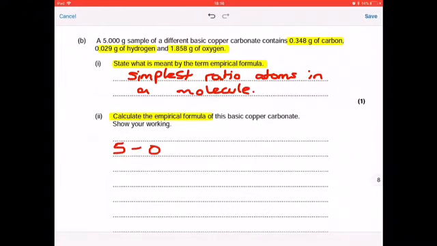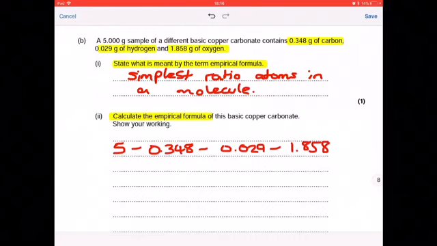You know that 0.348 of those 5 grams is carbon, 0.029 of those 5 grams is hydrogen, and finally 1.858 grams is oxygen. And therefore your mass of copper comes out as 2.765. So that's the starting point.